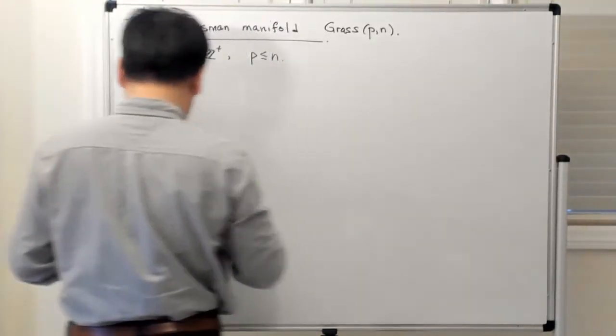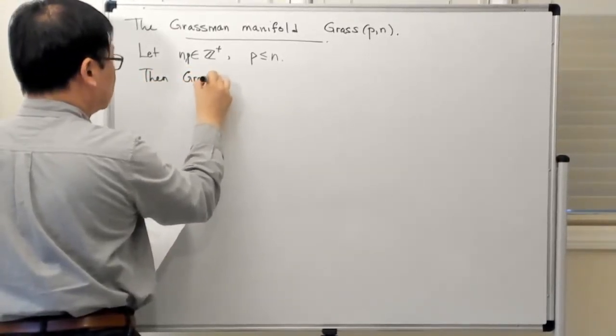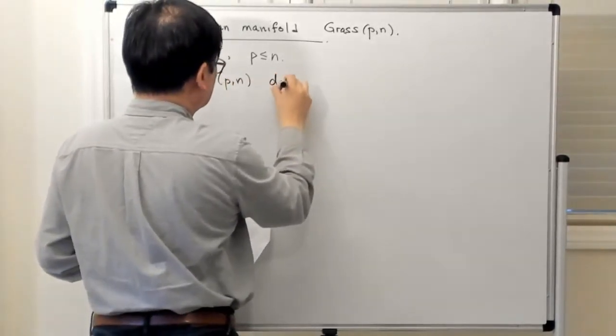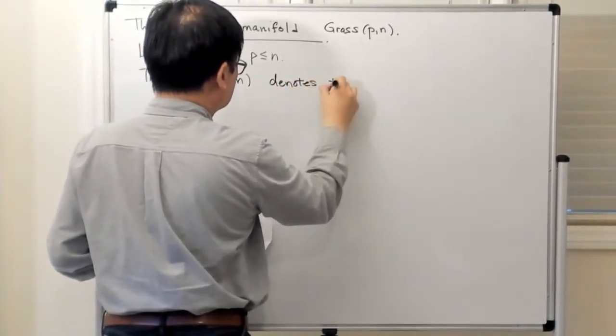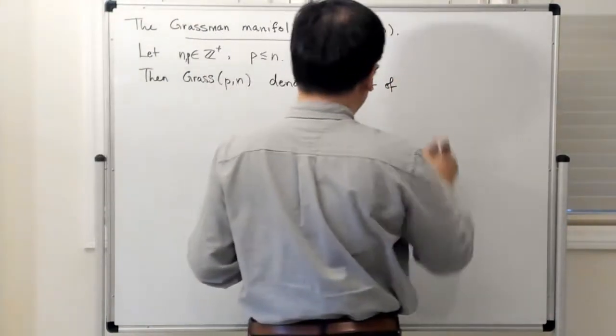Then this Grass(p, n) denotes the set of all p-dimensional subspaces of R^n.